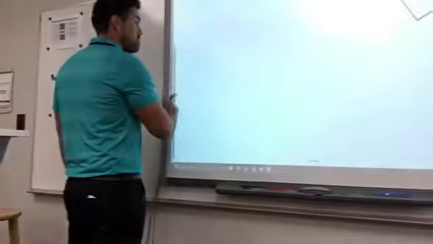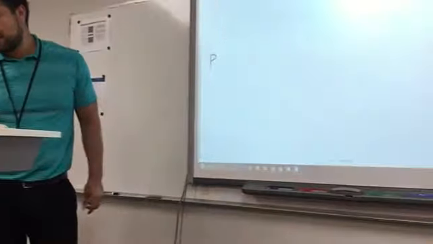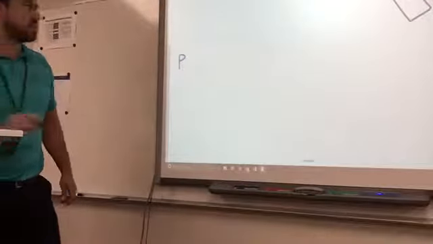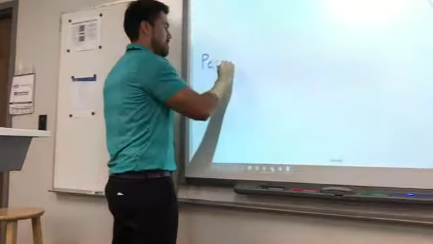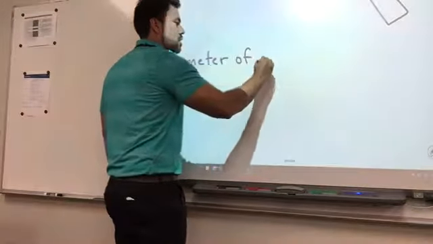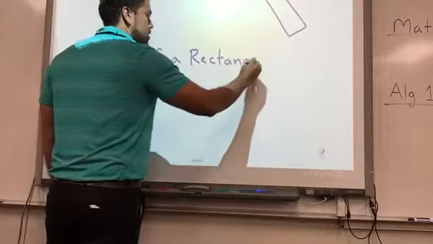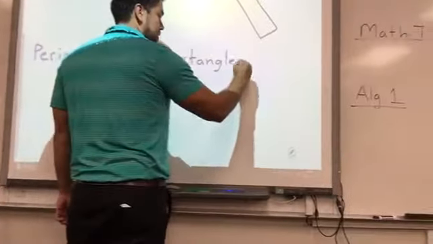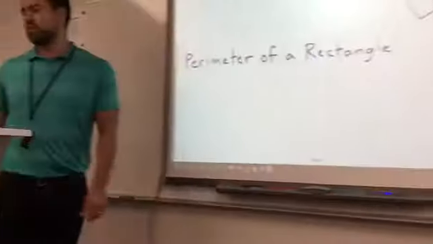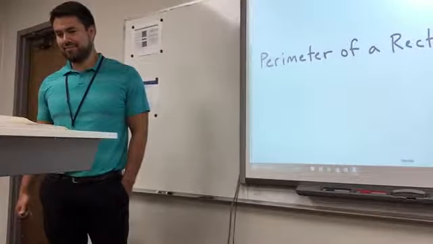If a rectangle has a length of L units and a width of W units, then the perimeter is twice the sum of the length and width. All right, thank you very much. And can you try it with the symbols? P equals 2, parentheses L plus W.